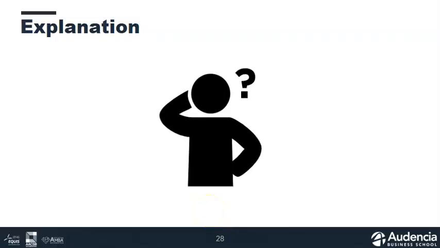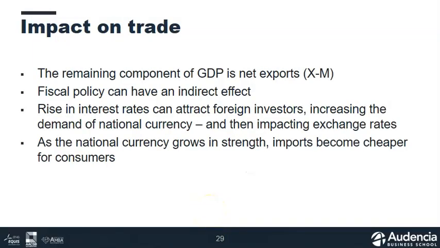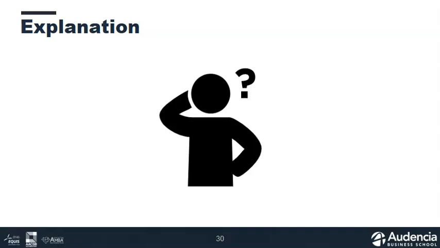Let's go back to our slides. There's also an impact on trade. And we know that net exports is a key component, and fiscal policy can have an indirect effect on, obviously, exports and imports. And this, again, is a little bit complex, so let's take a few seconds to look at that.